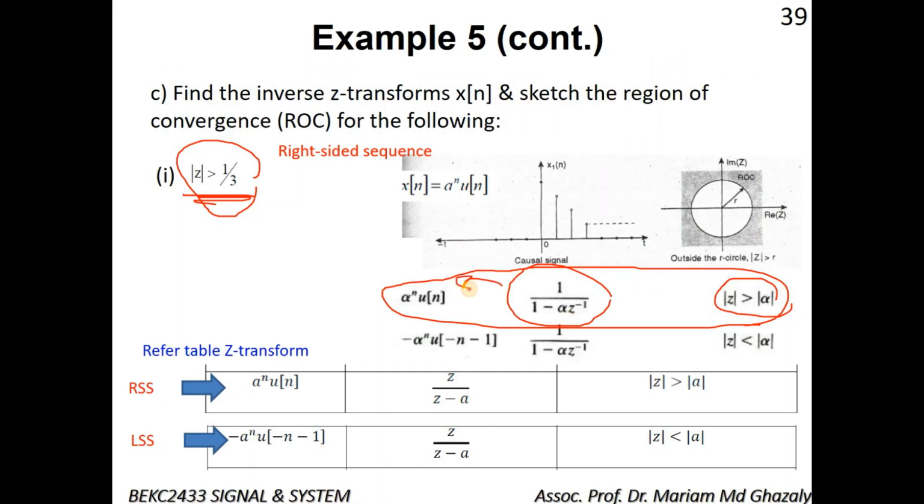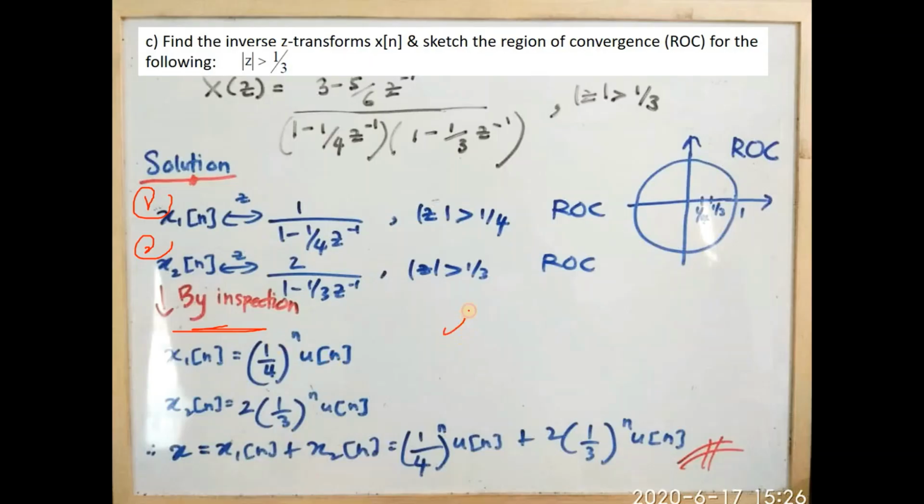Okay, so by inspection directly with the z transform table, you are looking at this inverse z transform, and you have alpha to the n u[n]. So alpha to the n u[n], just directly match it. So x1[n] you will get (1/4)^n u[n], and x2[n] you get 2(1/3)^n u[n]. And finally, oh sorry, I missed this, x[n] you get x1[n] plus x2[n].